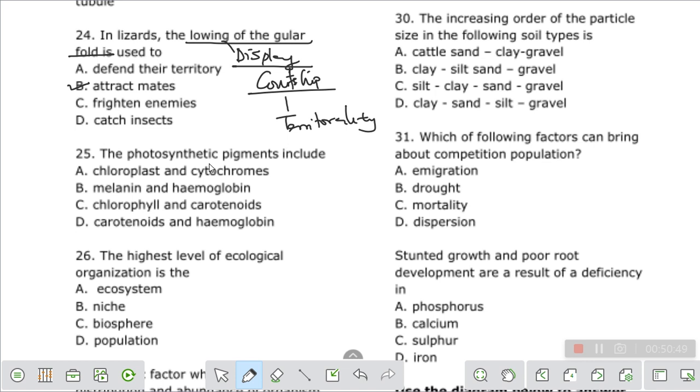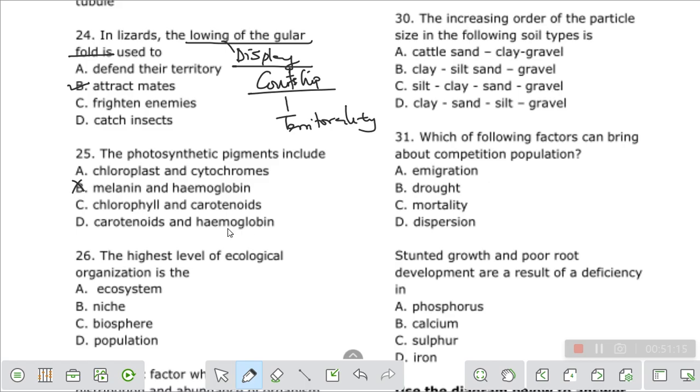The same thing with hemoglobin. What is hemoglobin doing here? It can also not be the answer, right? So what do you think will be the answer here? The answer will be carotenoids and chlorophyll. Chlorophyll has to do with the green pigments in plants.